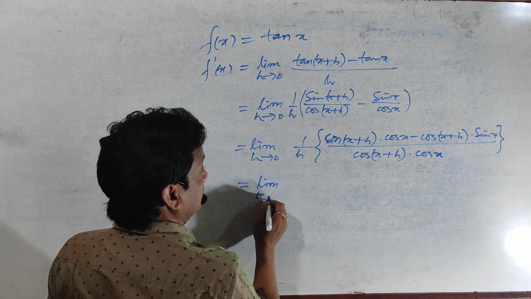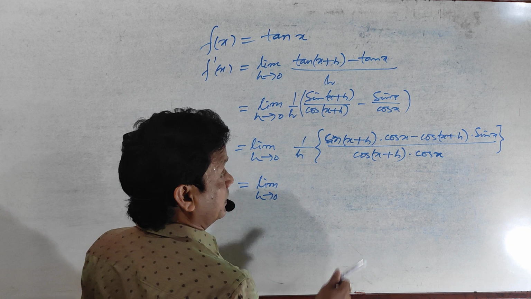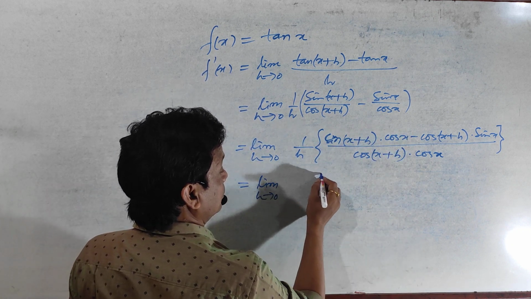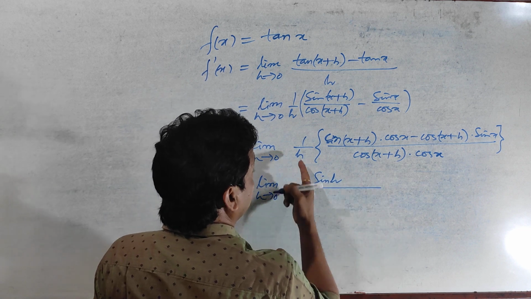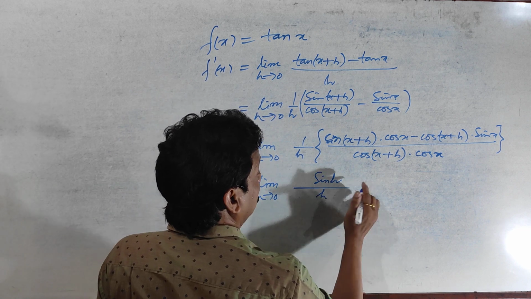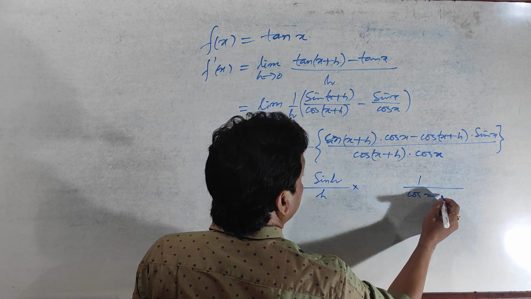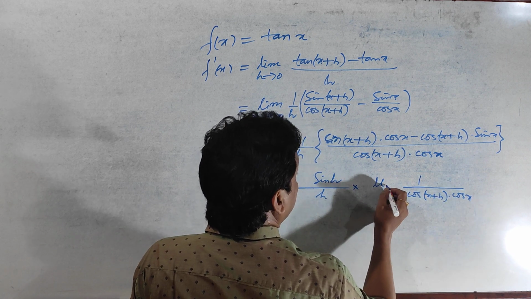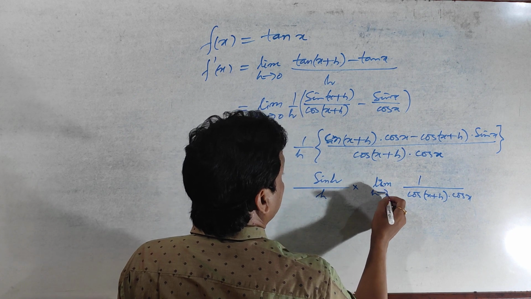Limit: sin a into cos b minus cos a into sin b is sin of a minus b, so x cancels, remaining sin h. So in the numerator it remains sin h, and I am writing h here, and this one into 1 by cos of x plus h into cos x, and I am taking the limit here also. Limit h tends to 0.